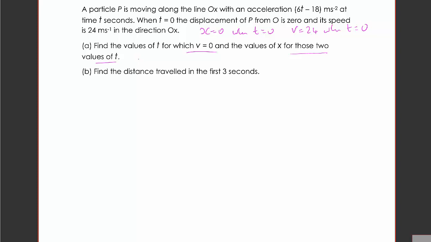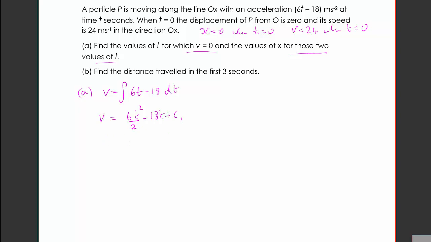Okay, yes, so this is going to be quite a bit of work for part A here. So we've got v is going to be the integral of 6t minus 18 dt. So that's going to be 6t squared over 2, take away 18t plus a constant.